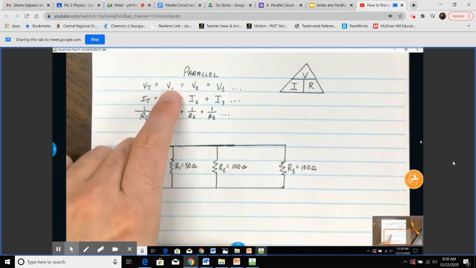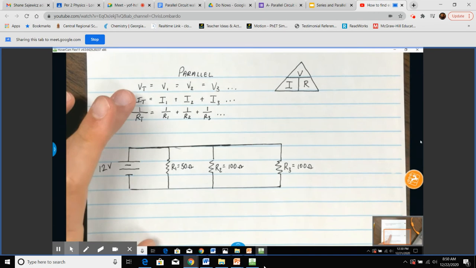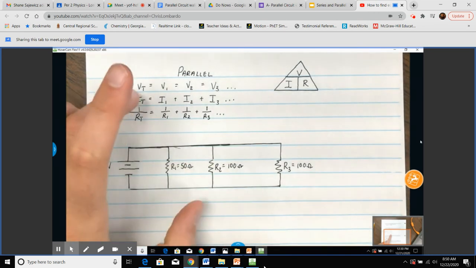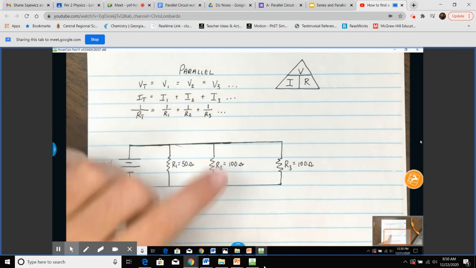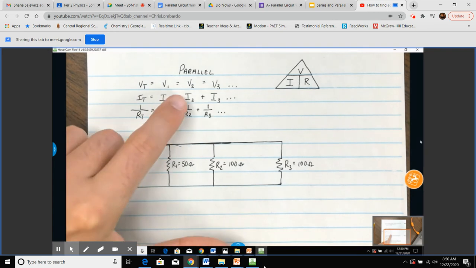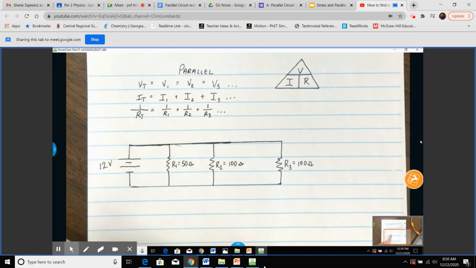So if you know the battery, V1, V2, V3 are all the same. The current, though, is going to be different because it's got different paths it can take. To find the total current, you're going to add up all of them: I1, which goes through R1, I2, which goes through R2, and I3, which goes through R3.